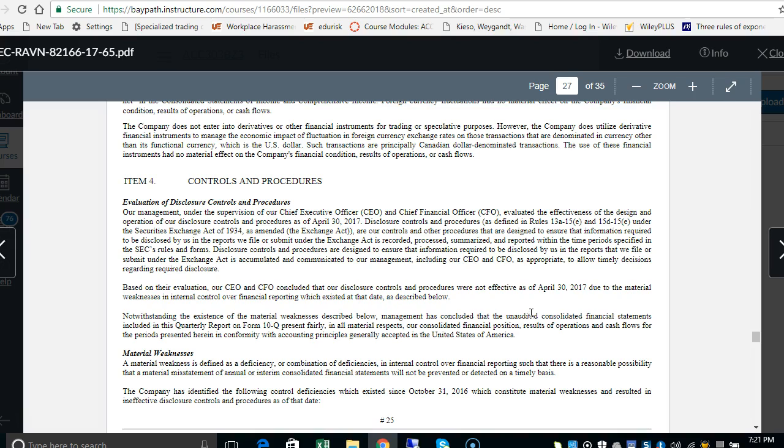Disclosure controls and procedures under the Securities Exchange Act are our controls and other procedures that are designed to ensure that information required to be disclosed by us in the reports we file or submit under the Exchange Act is recorded, summarized, and reported within the time period specified.